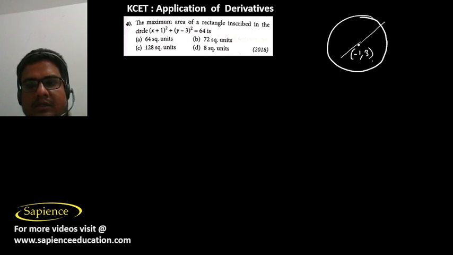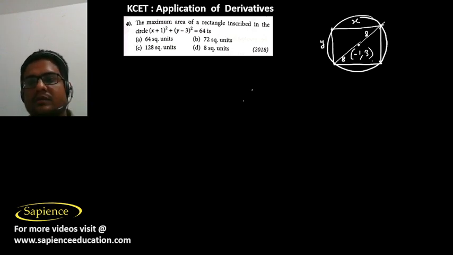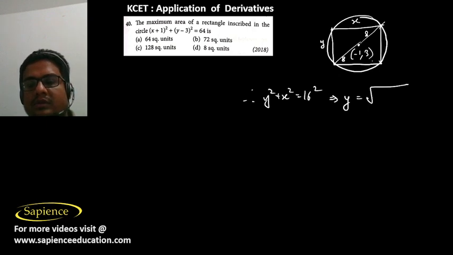The diameter of the circle should coincide with the diagonal of the rectangle. If the length of the rectangle is x and the breadth is y, then x square plus y square should be equal to 16 square.